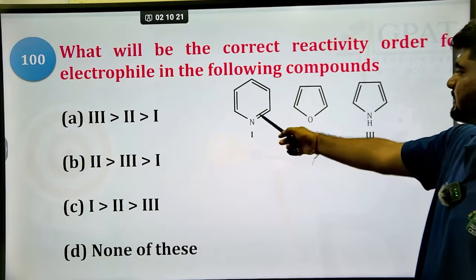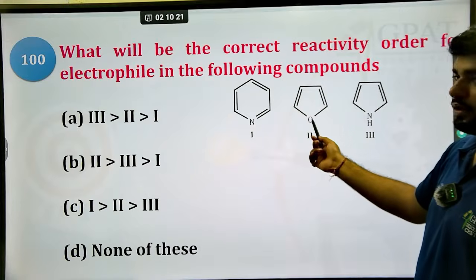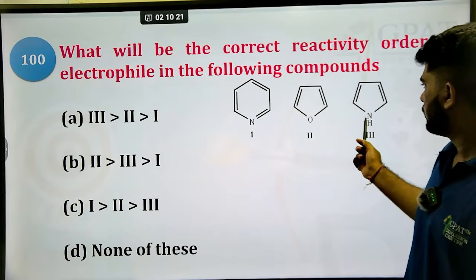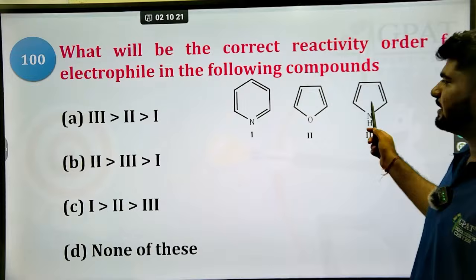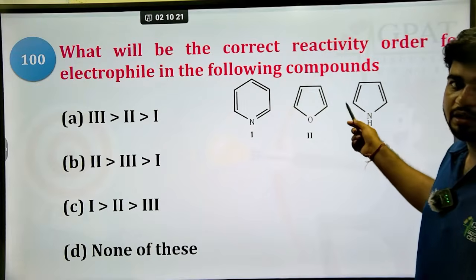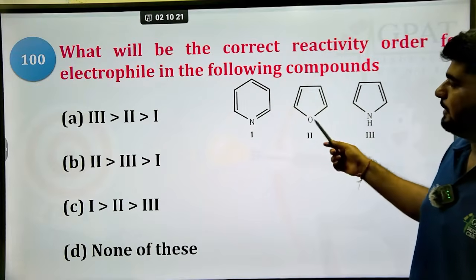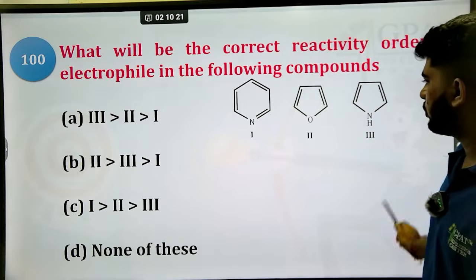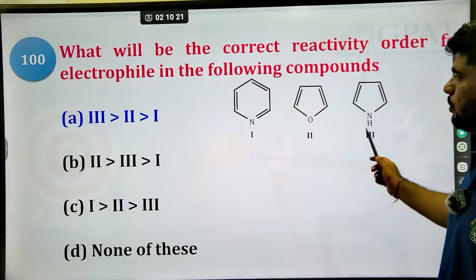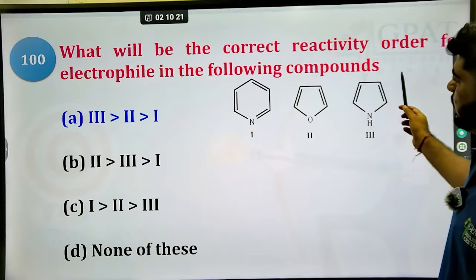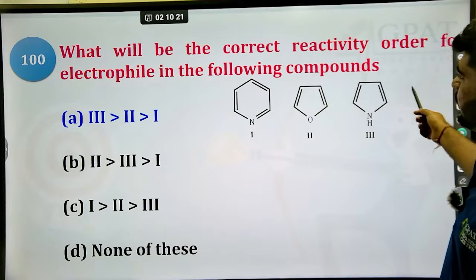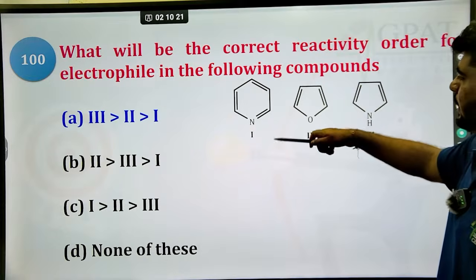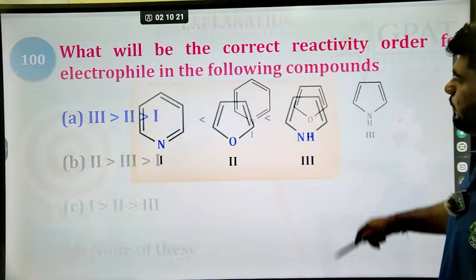In furan, the lone pair is also extra, and in pyrrole the lone pair is participating in the aromaticity for stability. So here the electrophile will not go. So obviously that would be 3, 2, 1. The 3 has greater reactivity for the electrophile, and the least will be in the case of pyridine.